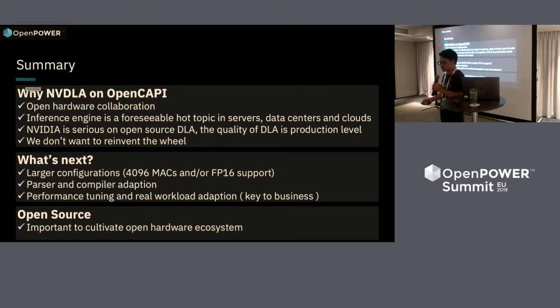Maybe we will have two NVDLA, so that we can have 4096 MACs in total on the FPGA. And for the compilers and the parsers, we are still working on adapting more different models, from ResNet to YOLO. The performance tuning and other real workload support is still in progress.